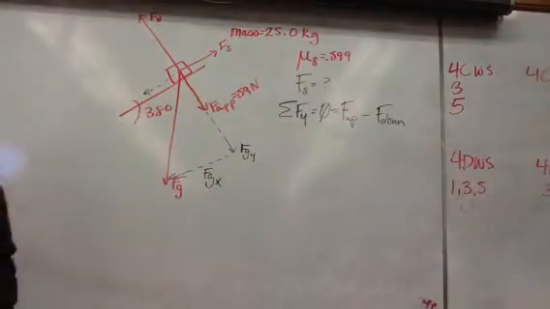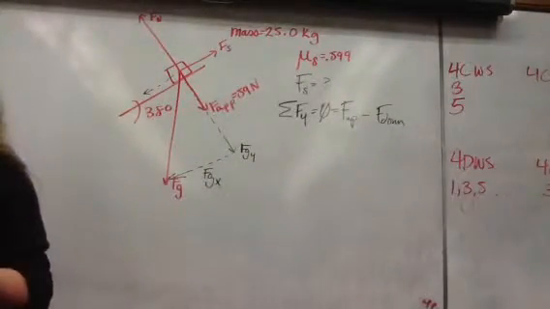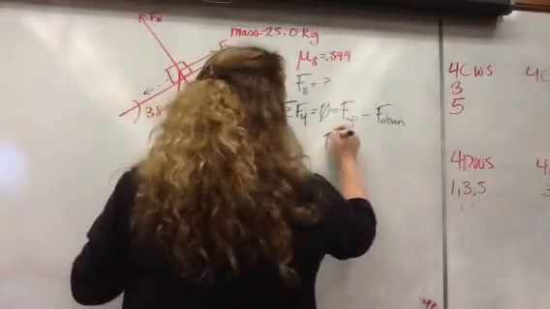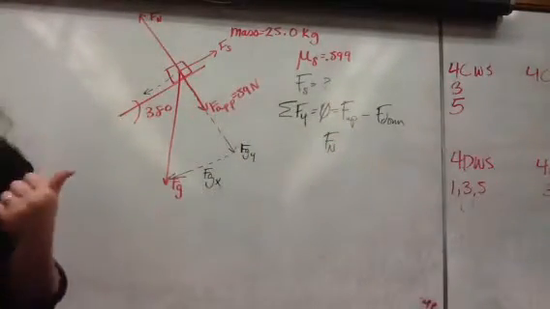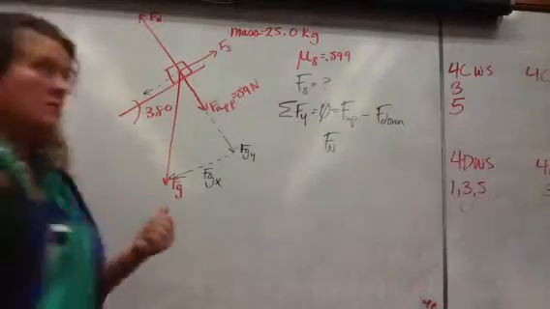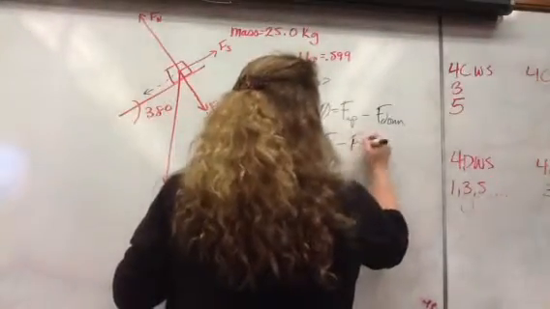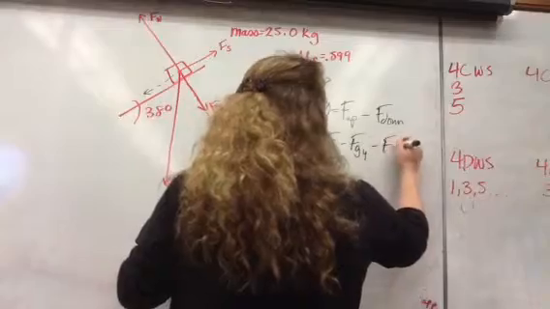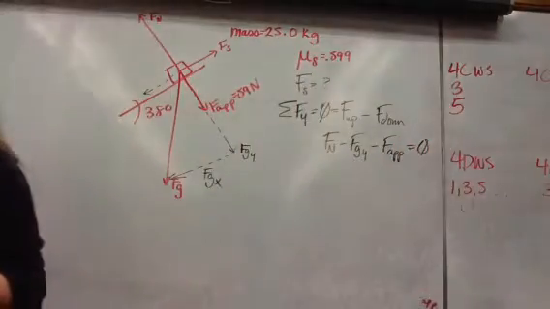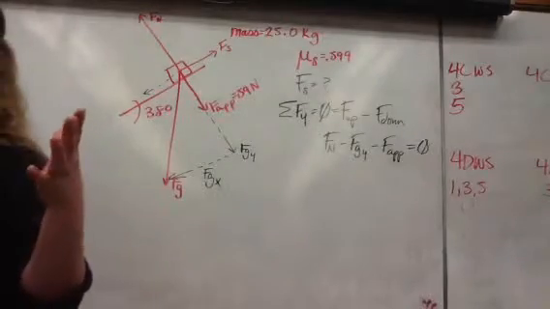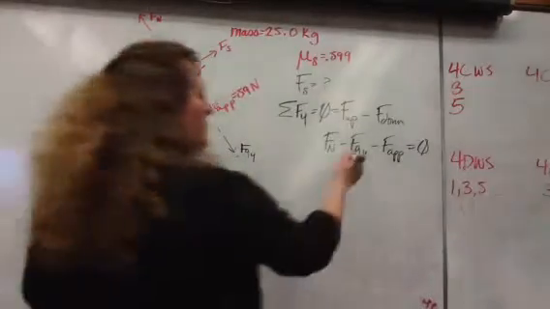Name me a force up. Force normal. Normal force. Name me a force down. Force applied. Force of gravity on the y. And force applied. So we have 3 forces on the y-axis. Beautiful.